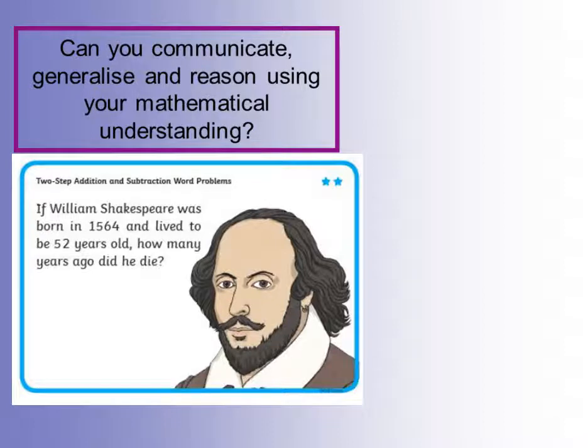Now that's not answered my question yet, because we want to know how many years ago was that? That was the date that he died. How many years ago was it? Now to do that, we need to use a different operation. We need to use subtraction, because the year now is 2021, and we need to go back to 1616, which was the date that we've worked out he died.